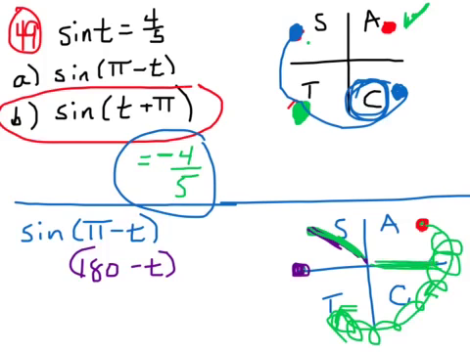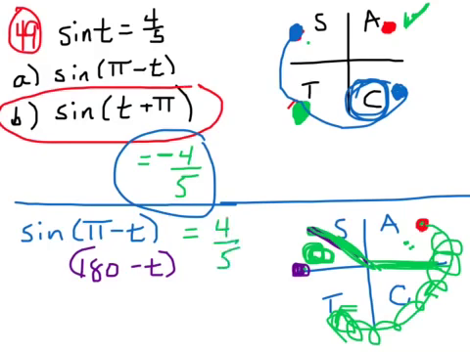If I take 180 minus this green angle, I'm still going to have an acute angle left. It's still a positive result, which will put it in this first quadrant where the red dot is. That's where I'd end up. If I had 180 minus this green obtuse angle, I would end up in quadrant 1, and all things are positive in quadrant 1. So this is still a positive 4/5.